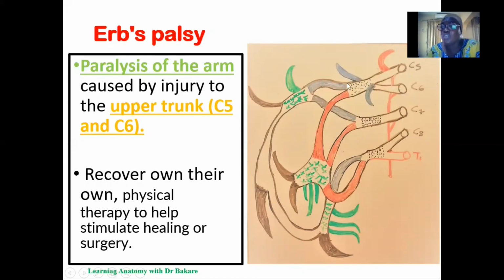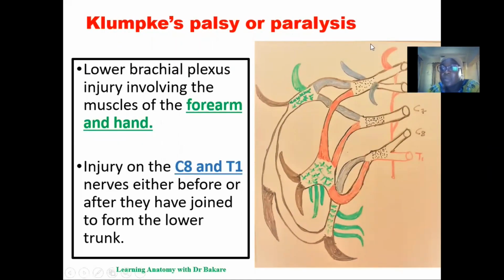And this can occur during childbirth when the head of the baby is pulled out of the vaginal canal. This can tend to recover on its own. Physical therapy may also help to stimulate the healing process, and surgery may be needed depending on the intensity of the injury. So let's look at Klumpke palsy.